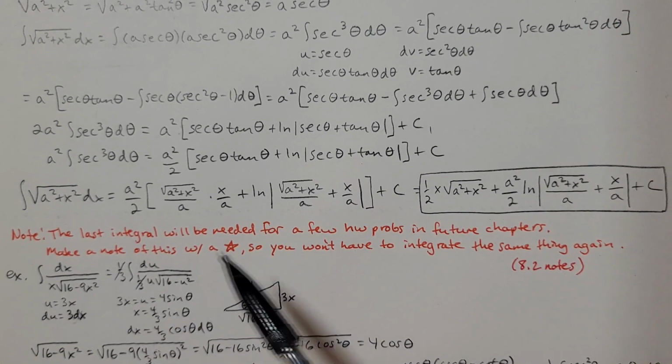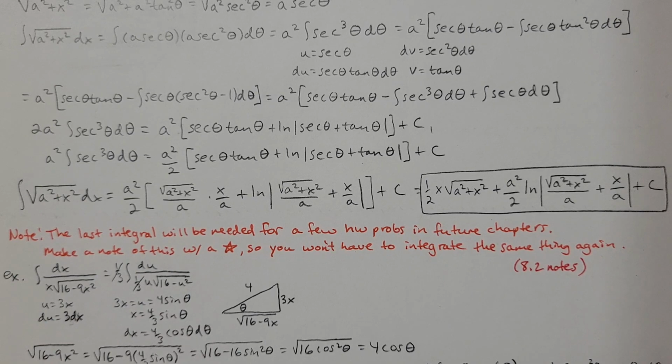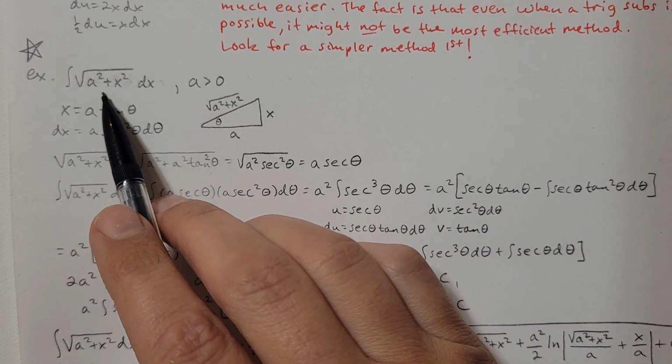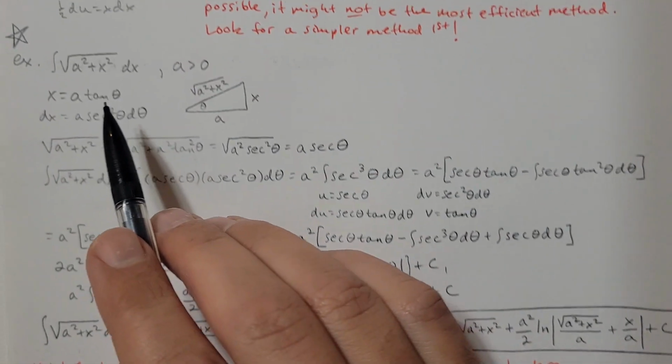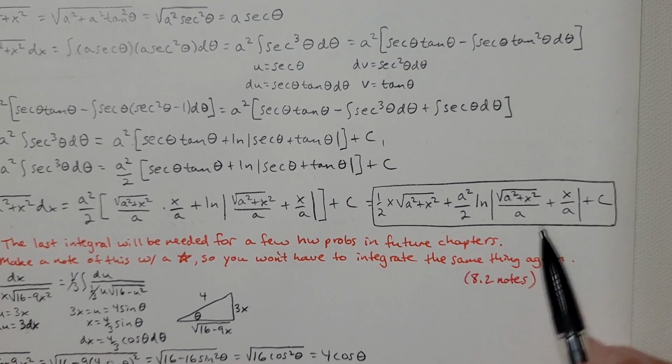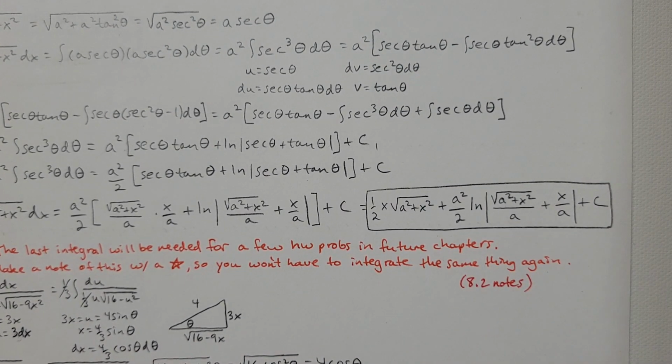So make a note of this for when you get into chapter 8, 8.1 and 8.2. Whenever this integral comes up, you can just refer back to what we did here in section 7.3, and here's the answer. I can just go to the answer, fill that in, and continue with the problem I'm working on in 8.1 or 8.2.